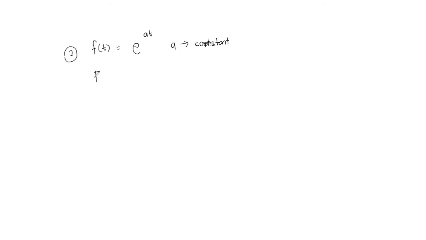So your Laplace transform in the spatial domain, again, it is an integral function from 0 to infinity. You take in your input signal, which is exponential to the power of at, multiply with the kernel function, which is exponential to the power of minus st. Okay, and let's try to solve this.